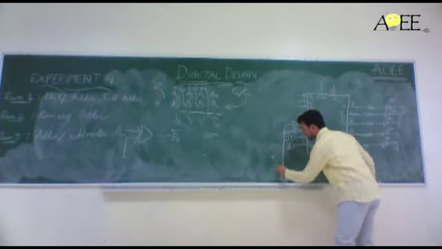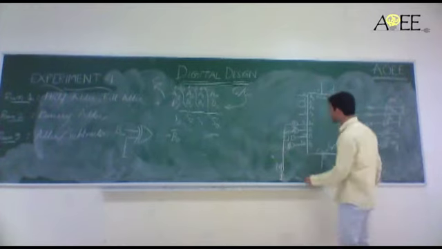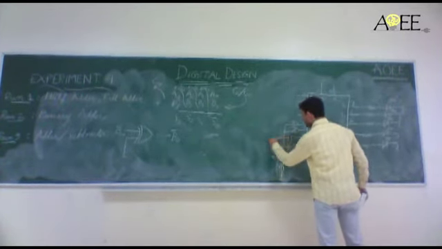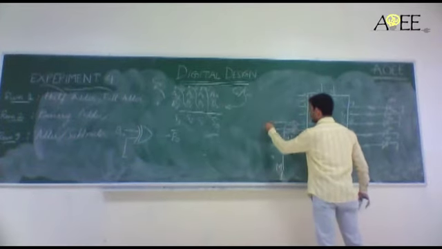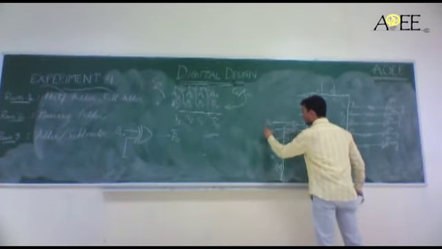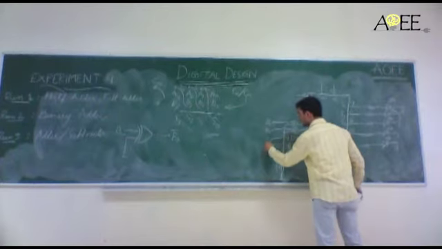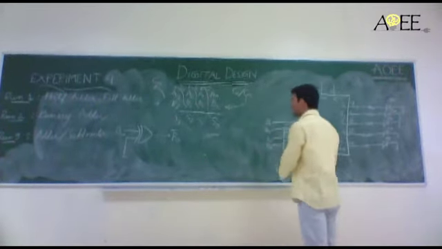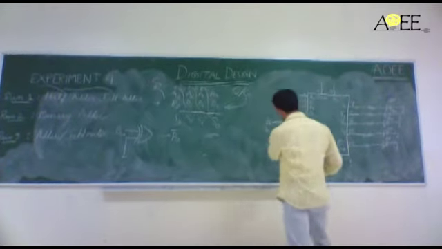Let this be labeled as M. These are in general B0, B1, B2 and B3, as we want to give the inputs that have to be subtracted. So now, one's complement is done through this.